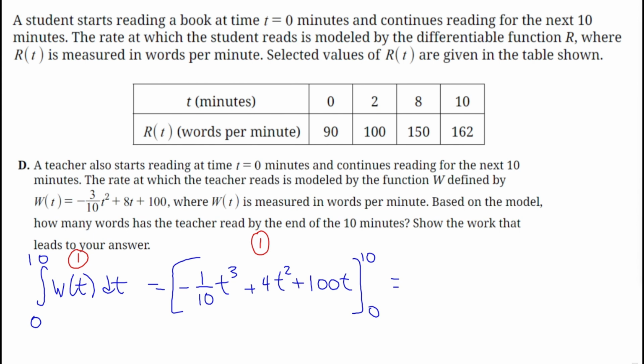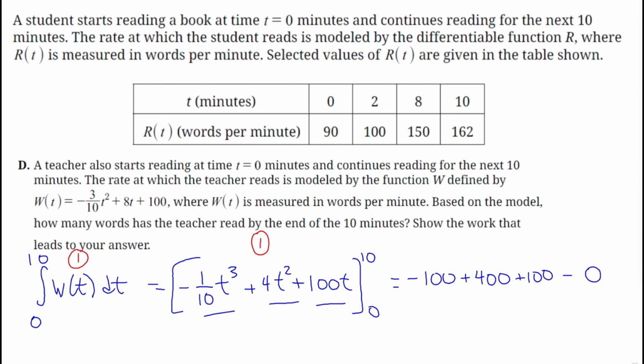So t cubed when t is 10 is going to be 1,000, but we're going to divide by 10. With a negative out in front, that'll be -100. And then we'll have plus 4 times t squared, or plus 400. And then we'll have plus 1,000 there. And then, of course, at the end, it's all just minus 0, because if I plug 0 into each of those 3 pieces, we get 0.